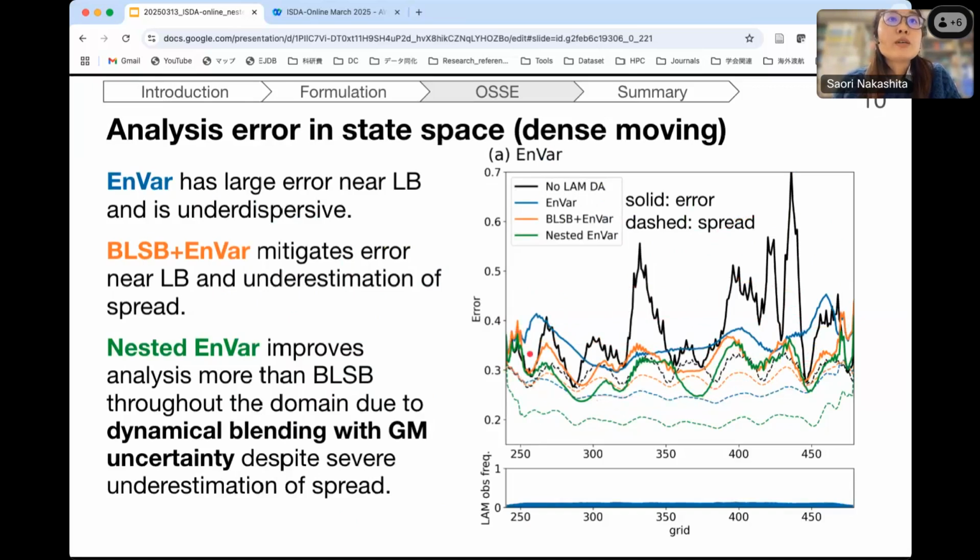BLSB plus EnVar in orange curves mitigates large error near lateral boundaries of EnVar and provides more consistent ensemble spread with RMSE. Nested EnVar in green curves improves analysis more than BLSB throughout the domain, which suggests the benefits of dynamical blending using GM flow-dependent forecast uncertainty, despite the underestimation of spread being more severe than the other methods.